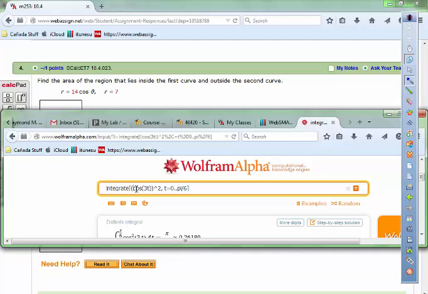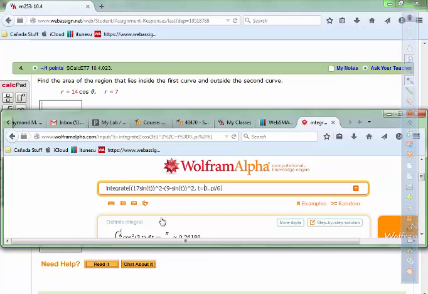We're integrating 17 sine theta squared minus 9 minus sine theta. And you have to be careful where you put the squared, right?